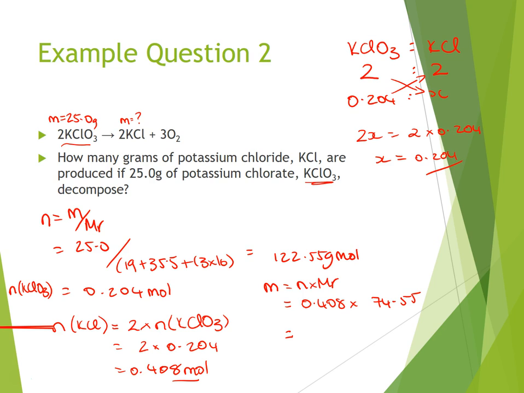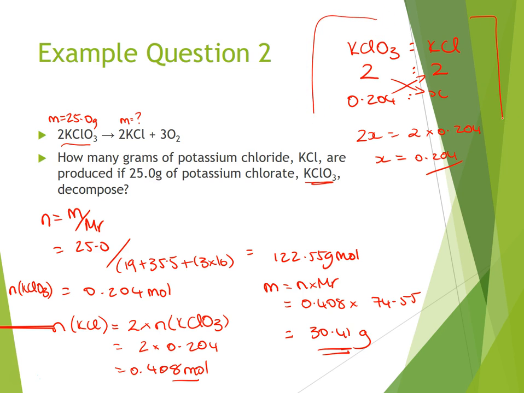So we're going to take our 0.408, multiply it by 74.55, and we're going to get an answer of 30.41 grams. So for 25 grams of potassium chlorate, we will generate 30.41 grams of potassium chloride.